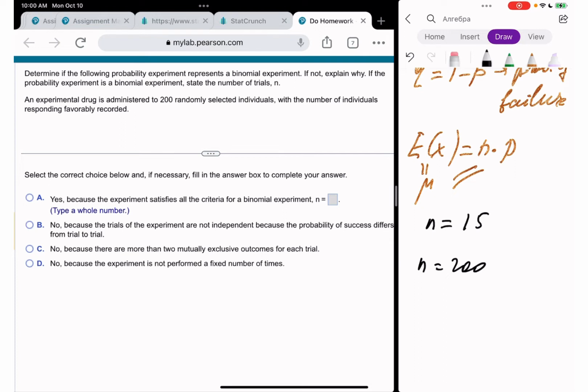In this case the probability of success is going to be the same, and we have two mutually exclusive outcomes, favorable and not favorable, while in the previous one it was different ages, so there were more than two mutually exclusive outcomes. So therefore it's going to be yes, because the experiment satisfies all the criteria for a binomial experiment with n equal to 200.